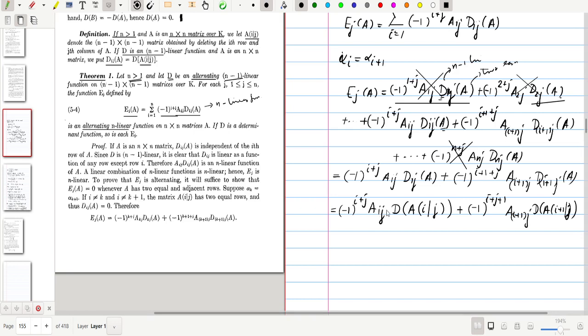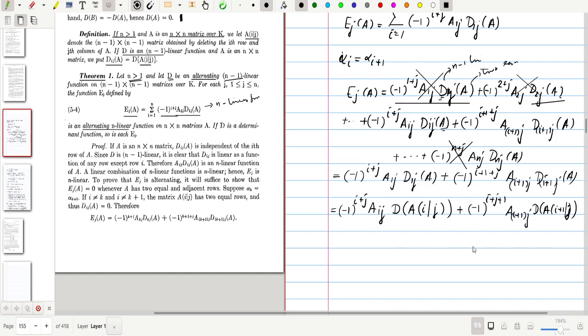So we have the matrix A whose ith row and (i plus 1)th row are the same. When you remove from A the ith row or the (i plus 1)th row, the resultant matrix will be the same.